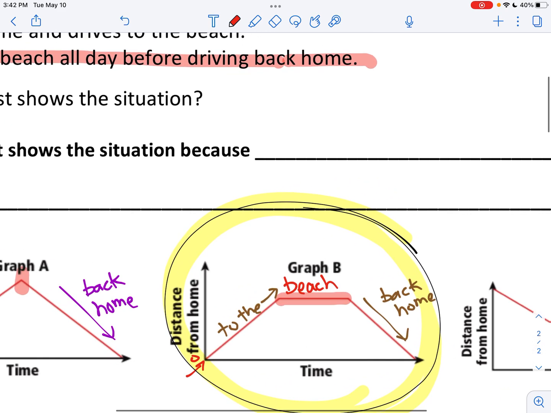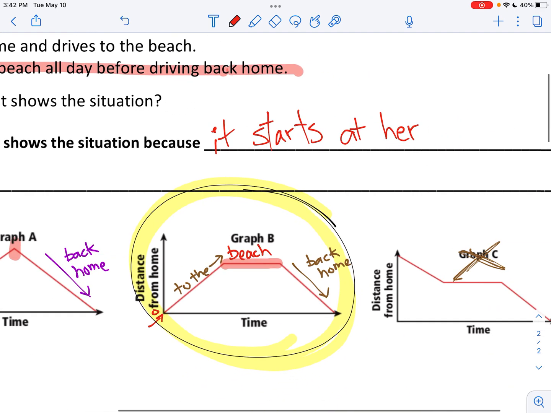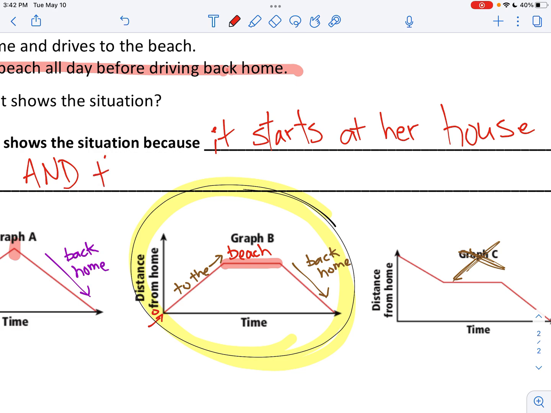Because it starts at her house, that's the corner, and the flat spot shows her at the beach.